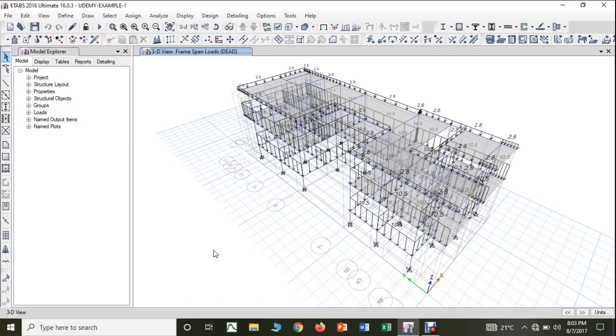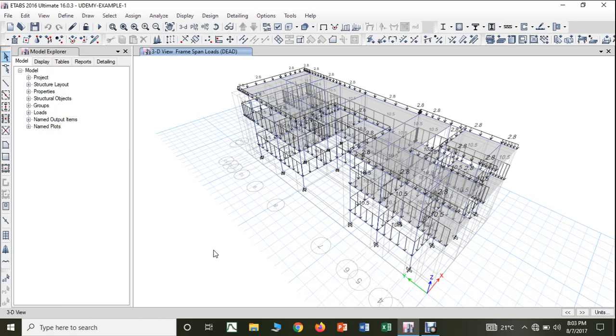Once you get the unit weight, based on the thickness and height of the wall that you are providing, as we discussed, we have to convert that into a uniformly distributed load and apply it on the beams.